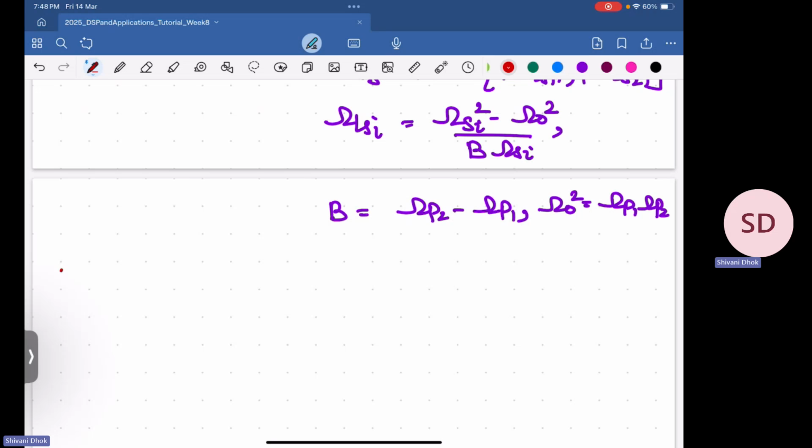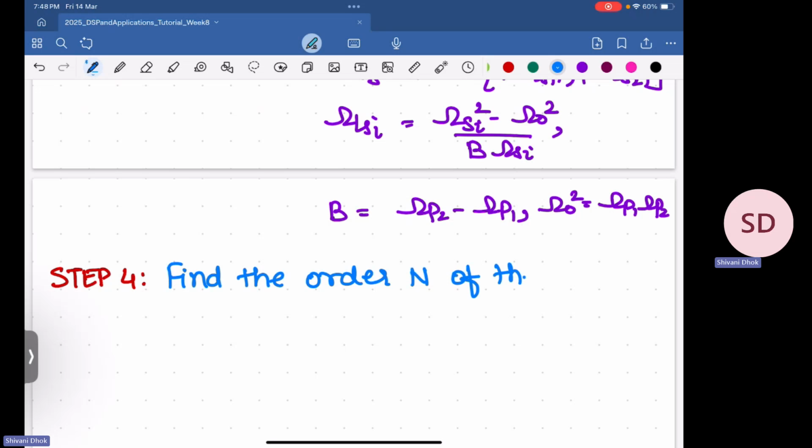After we have this, next step is step 4. Find the order N of the equivalent low pass filter.